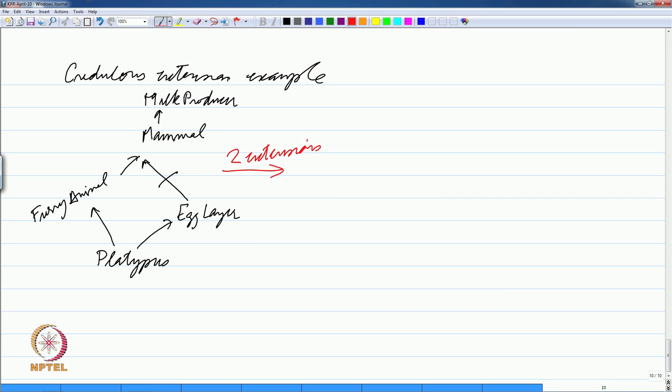or two credulous extensions. In one, platypus is a milk producer because it is a mammal, and it is a mammal because it is a furry animal.